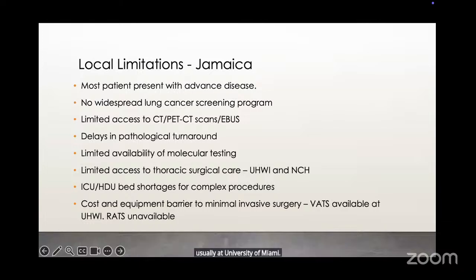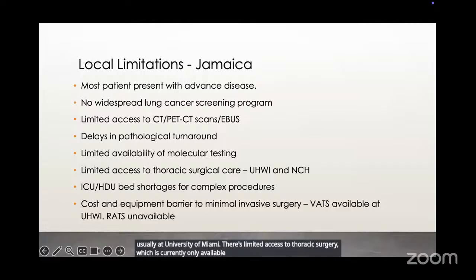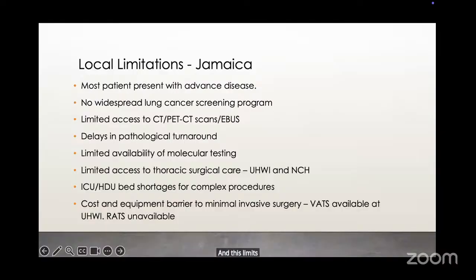There's limited access to thoracic surgical care, which is currently only available at the University Hospital of the West Indies and the National Chest Hospital. For more complex procedures, there's a limitation in terms of ICU beds and HDU beds. And this limits the number of complex procedures that can be done.